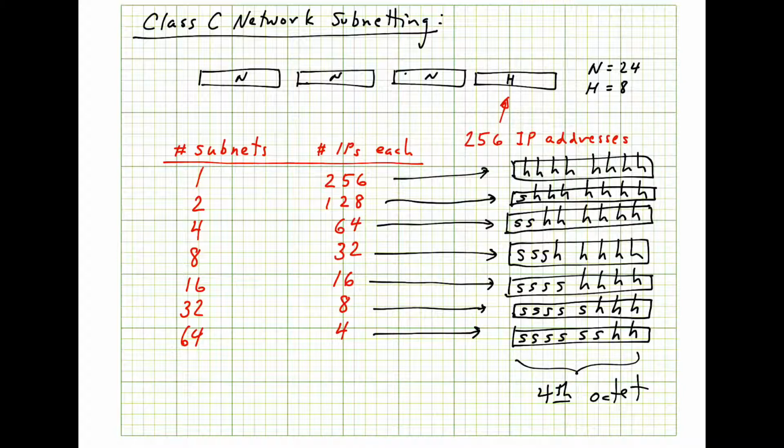So the first thing I'll do is use, for example, a Class C private network. Let's go ahead and start with 192.168.10.x, which is what I've been writing so far.